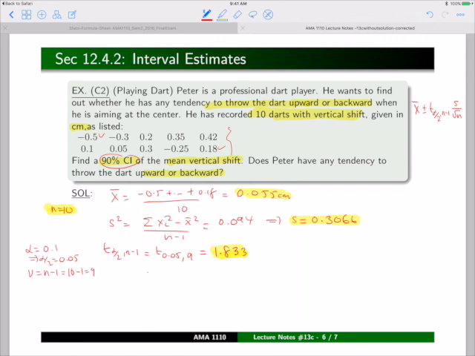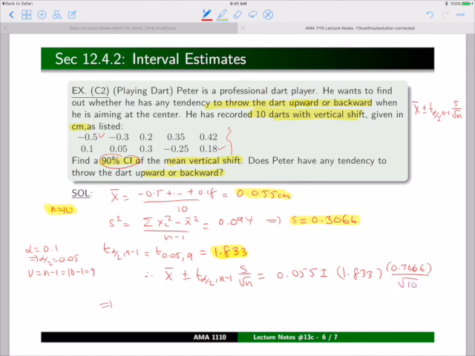Therefore our x bar plus or minus t alpha over 2, n minus 1, times s over square root n is 0.055 plus or minus 1.833 times 0.3066 divided by square root of 10.